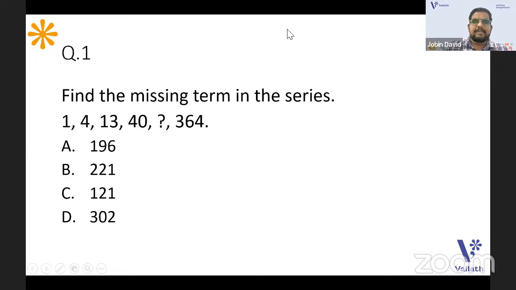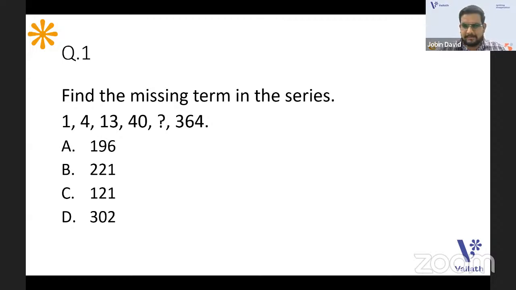First question, number series. Find the missing term in the series 1, 4, 13, 40, dash, and 364. Number series are easy questions, but they can make you confused.